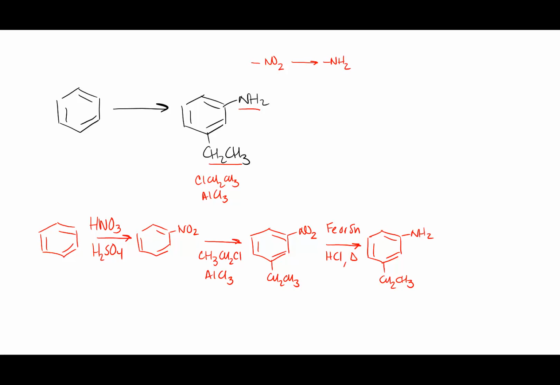So there is another way to do this, because there's actually another two-step sequence to put an ethyl group on the ring. So let me just show you that there is more than one way to accomplish this goal. Maybe in this case what I want to do is put a carbonyl group on the ring first.